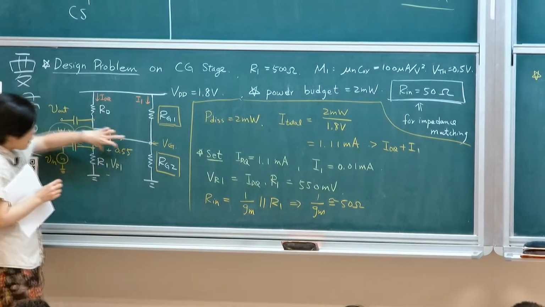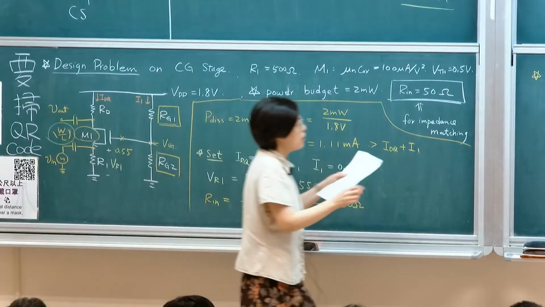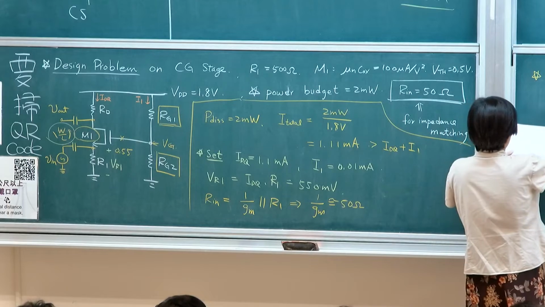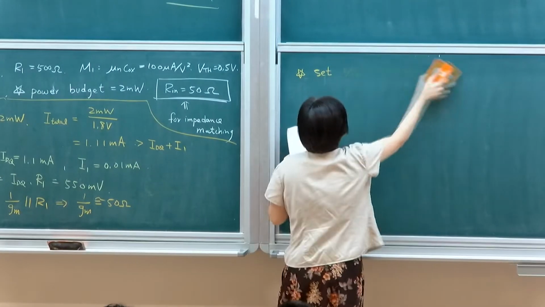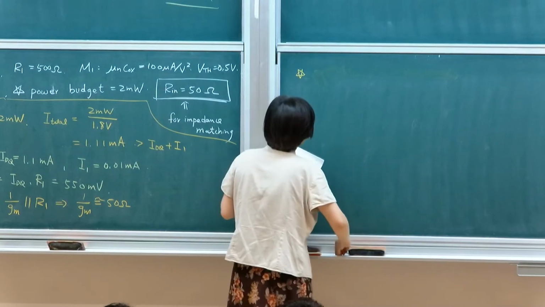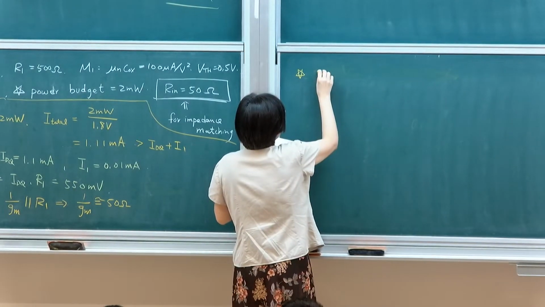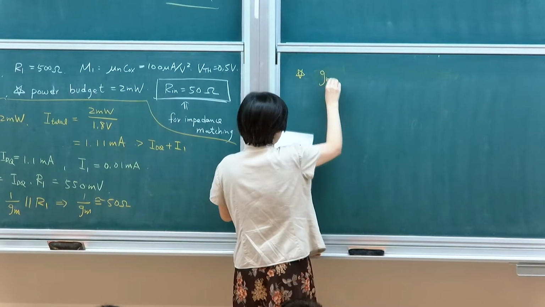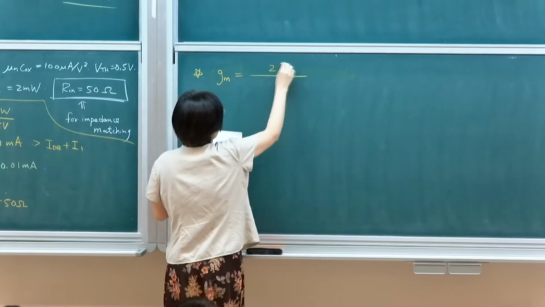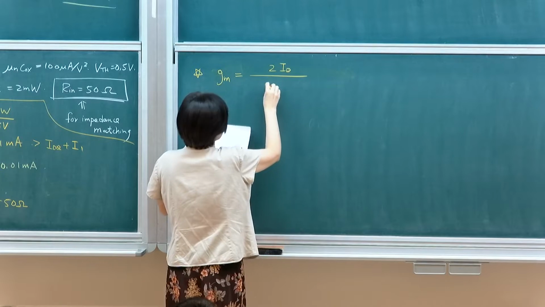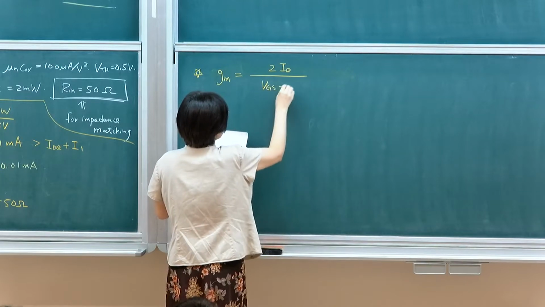So let's say I'm setting an overdrive, then this will give me, let me rewrite this. Because GM, you can set it up as 2ID over VGS minus VTH.